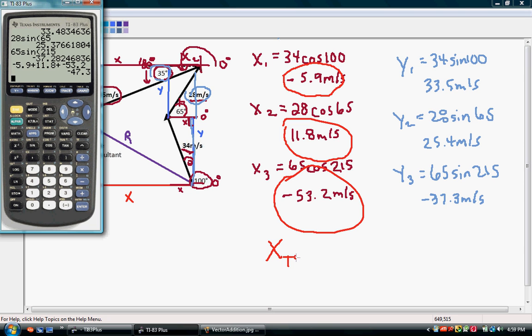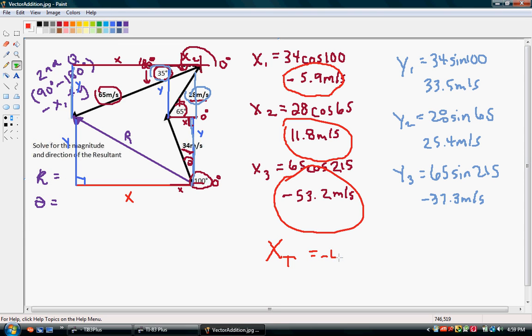And we get negative 47.3 meters per second. So we know that our x here is negative 47.3.